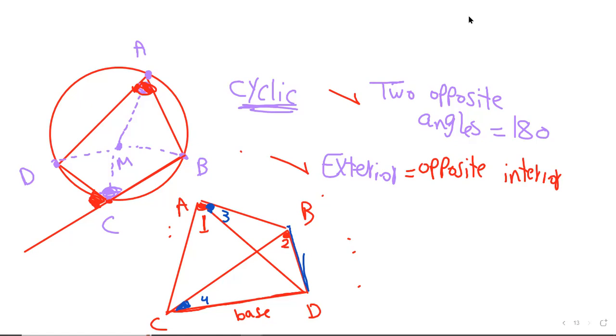Number 3, if there are two opposite supplementary angles. Number 4, if there is an exterior angle at any of its vertices equal to the measure of the interior angle at the opposite vertex.